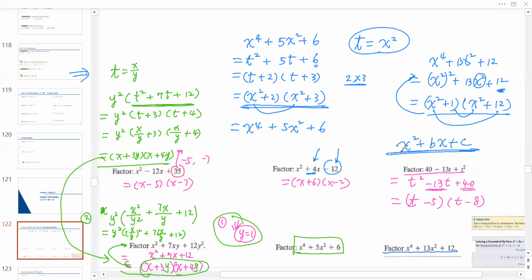How to factor in this format: how to factor into x plus something and x plus another. The sum of these will equal B. The product of these two factors will equal C, right? All right, that's all for today.